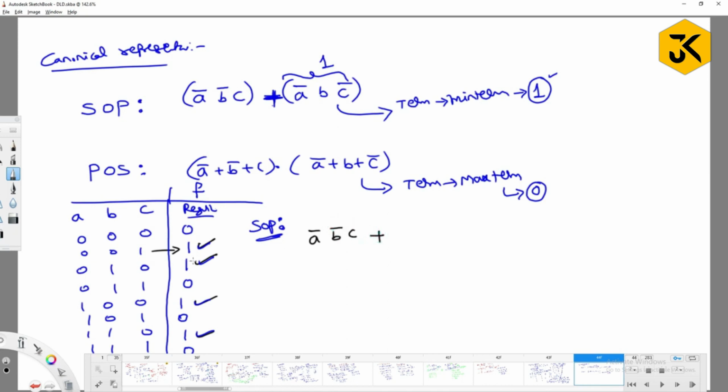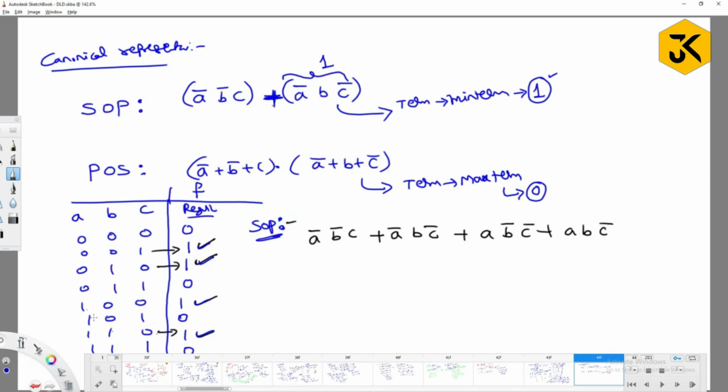Or this one, how did you get it? A bar b c bar, or a b bar c bar, or a bar b bar c. So it should be a b c bar. So this is a b c bar, this is a b bar c bar. So this is one kind of representation of sum of products.